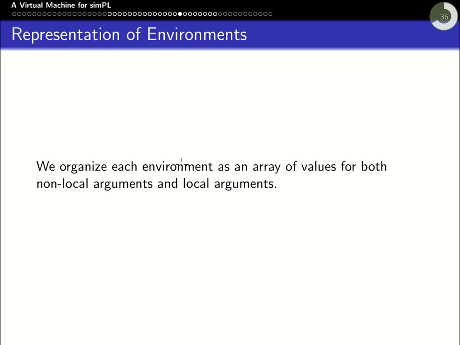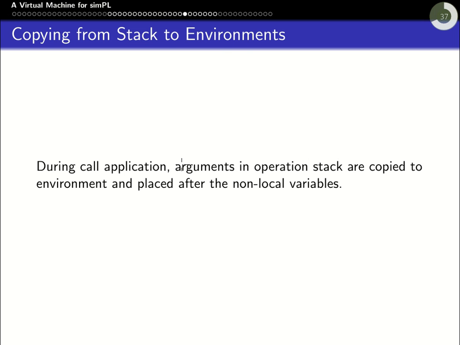That will also make it easier to copy from the stack to the environments. If we organize the array in this way, we're just extending the array by a few locations, and we're done.